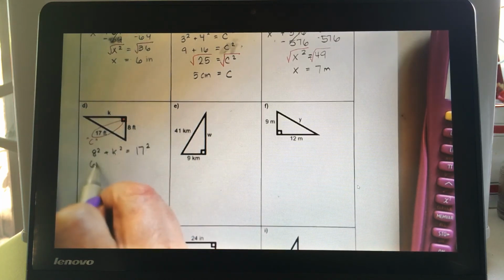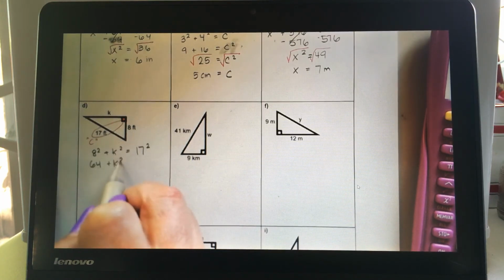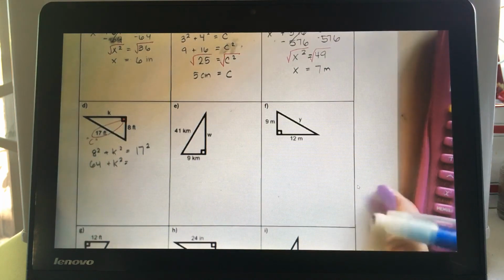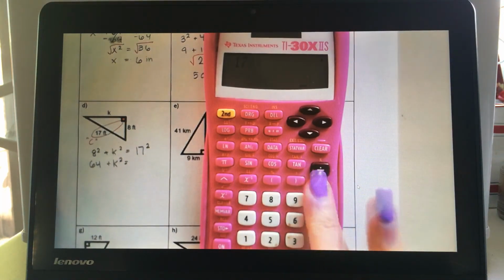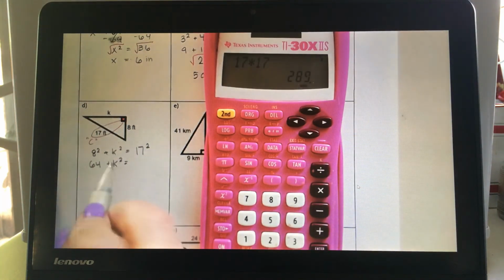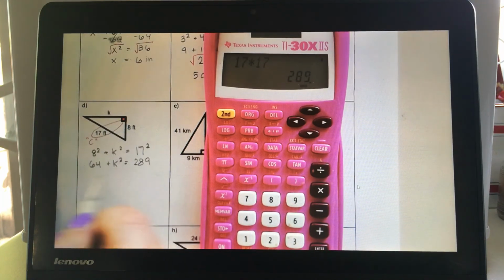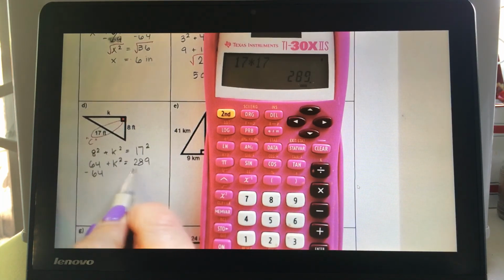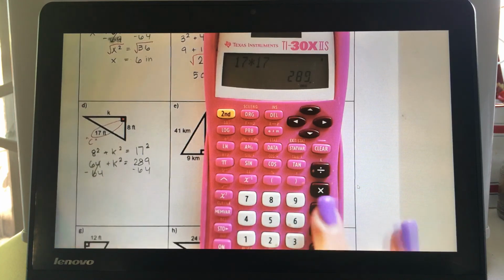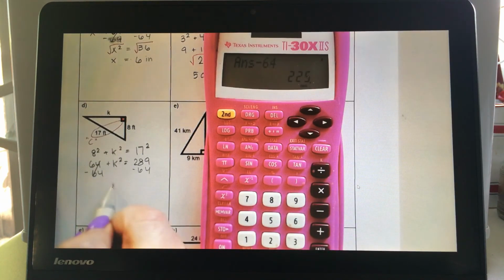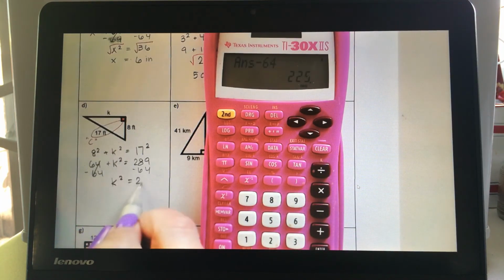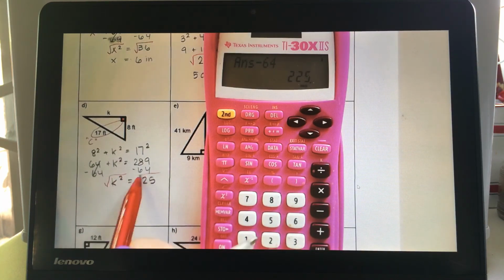So that's 64 plus k squared. 17 squared. Let's plug that into the calculator. 289. And then we'll subtract 64 on both sides, which leaves us with 225. And we'll square root both sides. The square root of 225 is 15 feet.